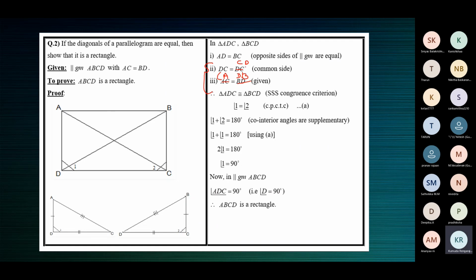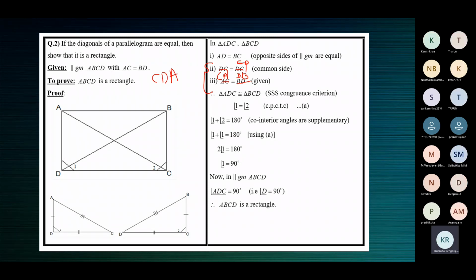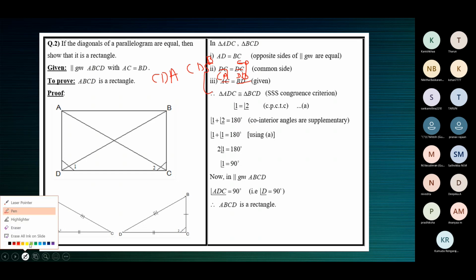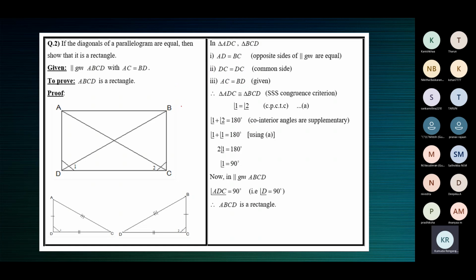D is common, so it ends with D here and starts with D here. CD, DB. So this will be called CDA, congruent to CDB. That's also correct. So the two triangles are congruent by SSS congruence criterion.